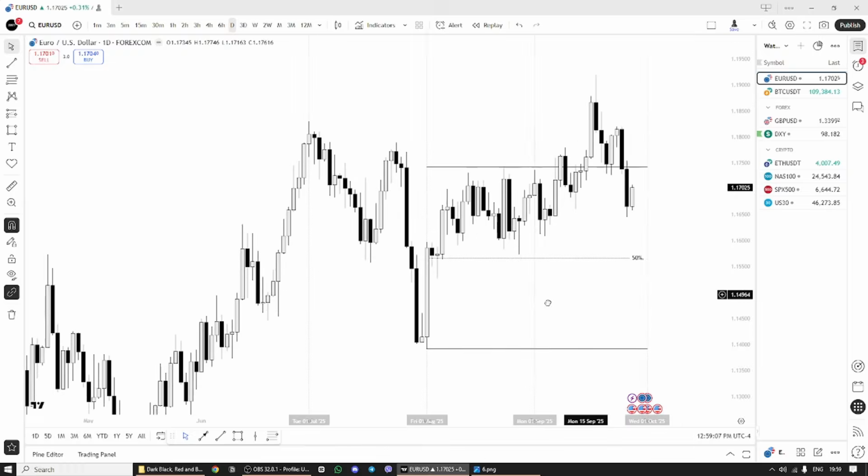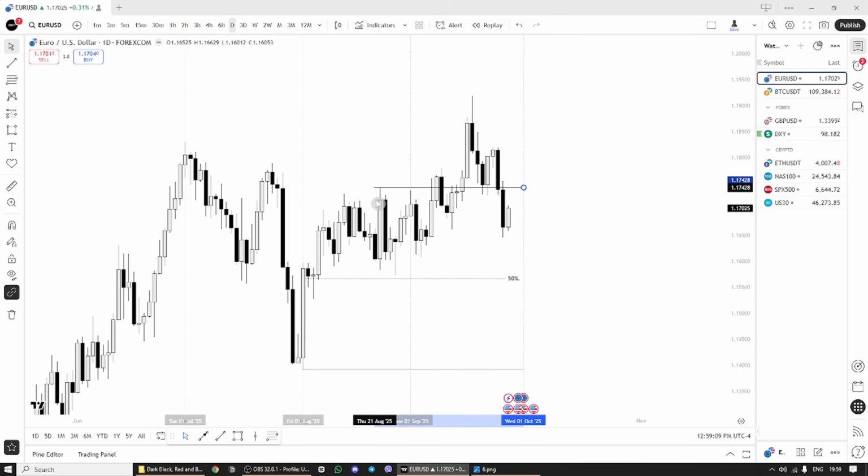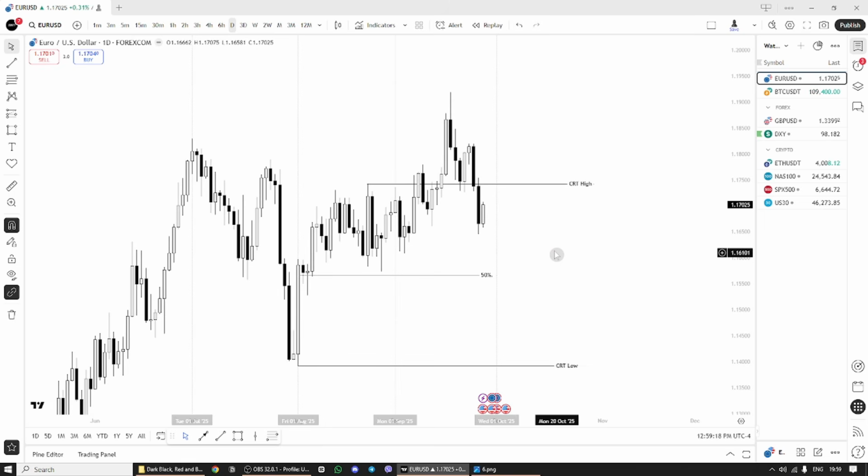Now, if we go on daily, what we see, our candle range high, our candle range low, and now what was our key level which sponsored the move down? And I want lower prices, so the key level has to be a bearish key level, which will give us the sponsorship from here down to 50% and or the CRT low.